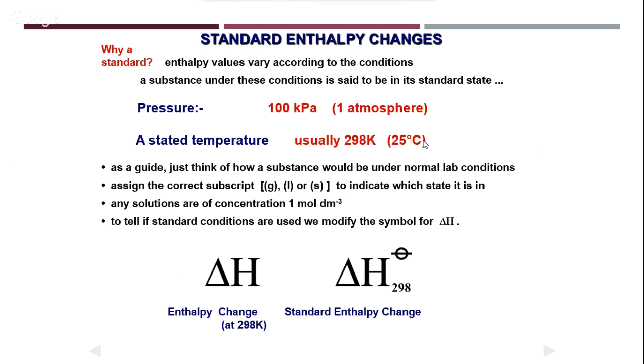So we first define a standard enthalpy at 1 atmosphere and 25 degrees Celsius, and at this pressure and temperature we measure all the other changes, and those are called standard enthalpy changes. It's written with a not sign, a simple circle, or a circle with a bar in it, called delta H naught. That's the symbol for standard conditions.